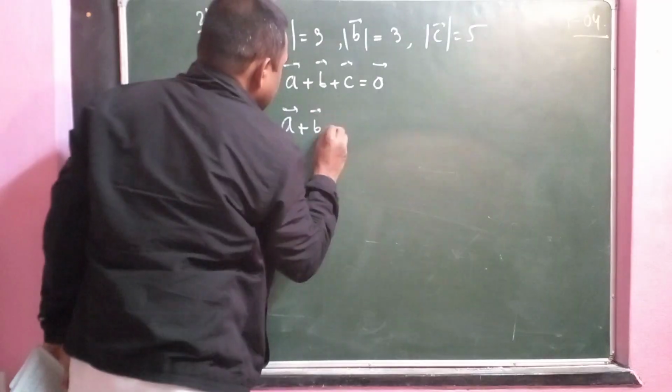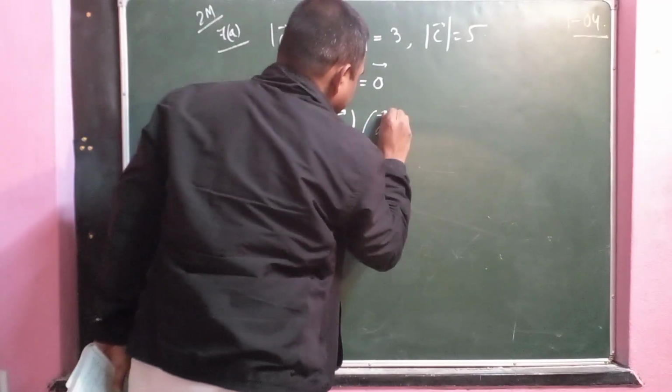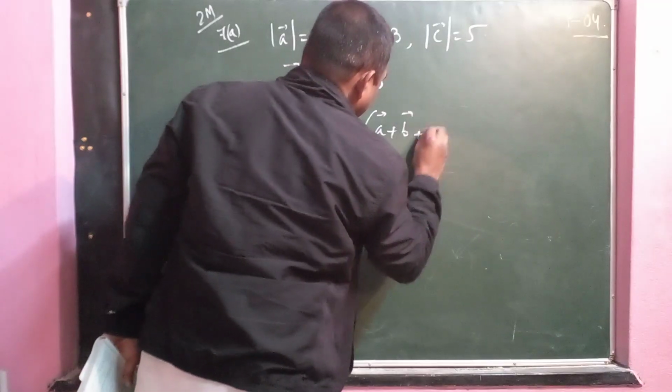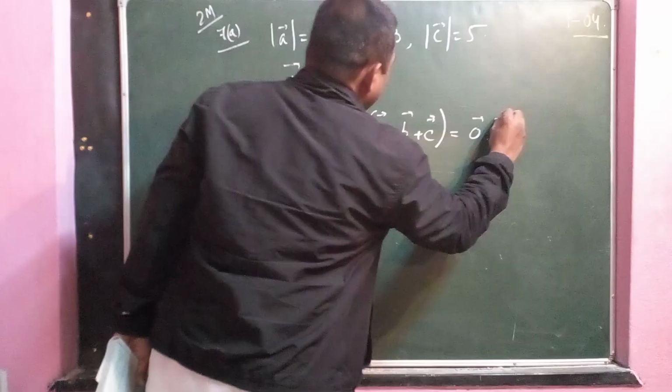A plus B plus C equals 0. Now take the dot product with the same. Zero dot 0.